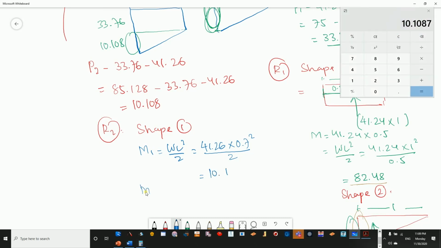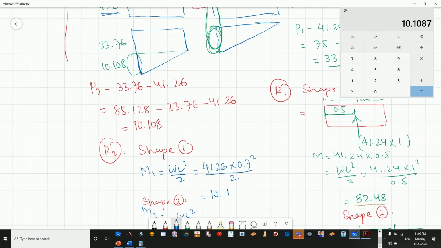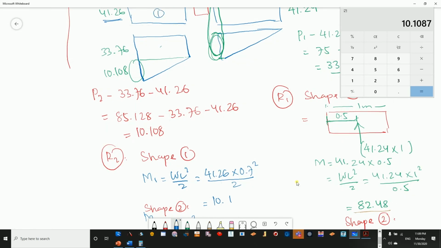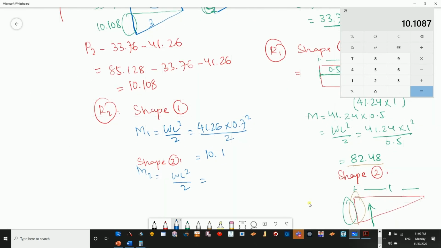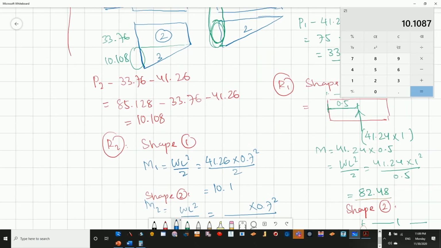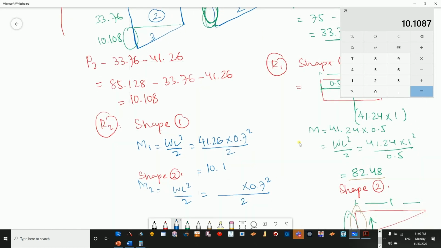And then we have M2 for shape number 2. Once again it is a rectangle. So this is 1, this is 2, this is 3, this is 1, this is 2. Okay, so we have now once again 0.7 as the length, divided by 2, and then the pressure here is 33.76.